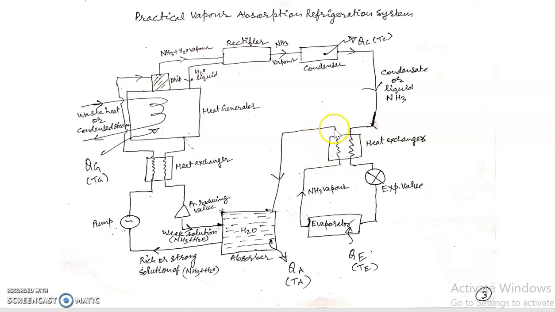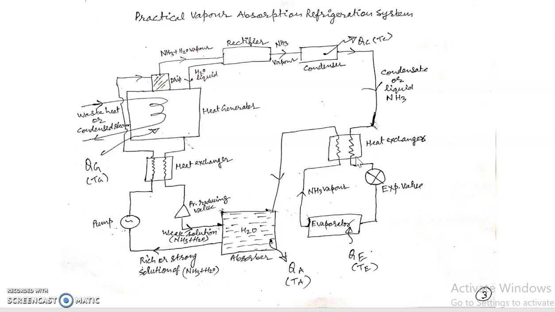In this way, in this heat exchanger, some subcooling takes place, and we all know the role of subcooling in a refrigeration system. The role of subcooling is just to increase the refrigeration effect, which ultimately leads to an increase in coefficient of performance.